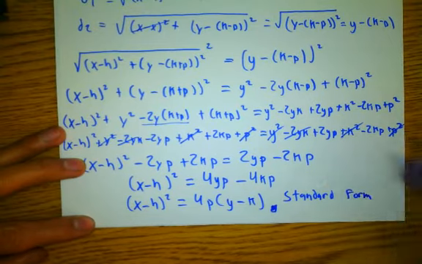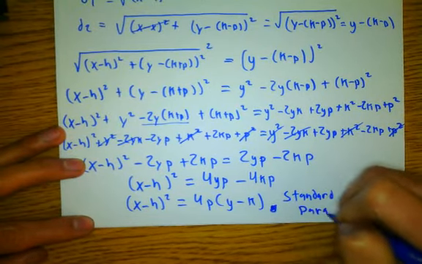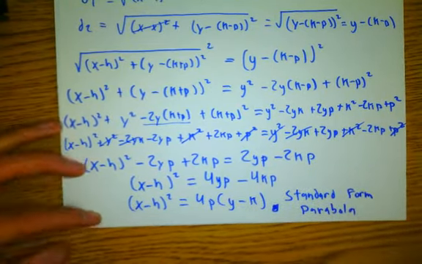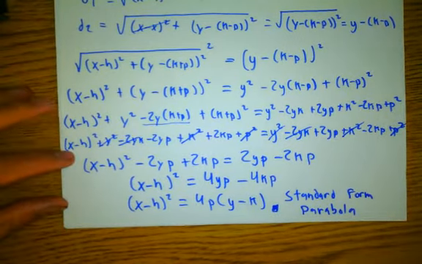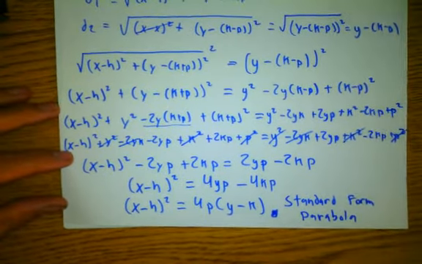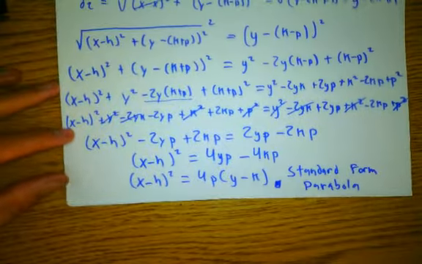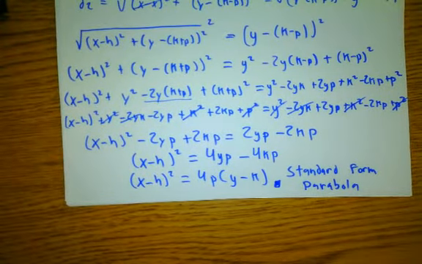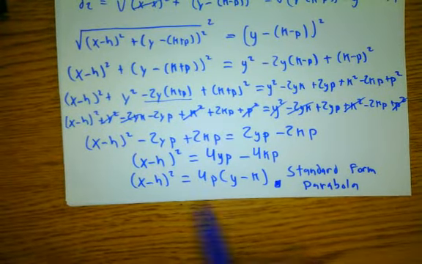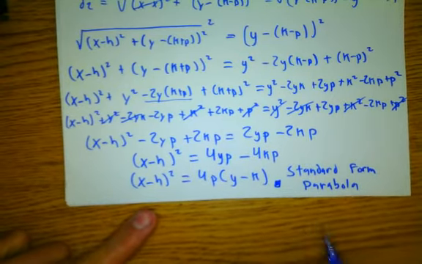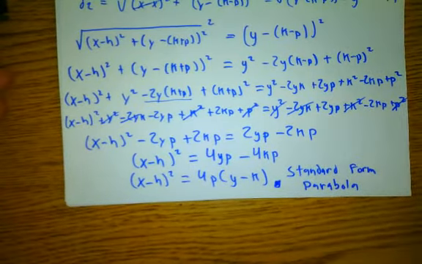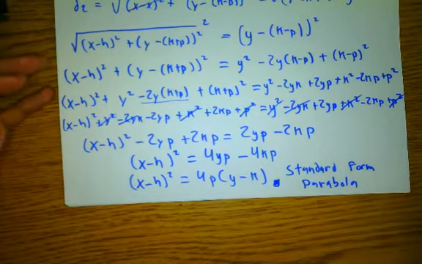Okay, you don't have to know how to do all of this. You know that in this class I don't like to just give you formulas. This was the proof of where this formula came from. But why in the world do I like this formula? If you go back to your sketch, what do you notice HK represents? The vertex. Do you notice how now in the standard form HK is present?